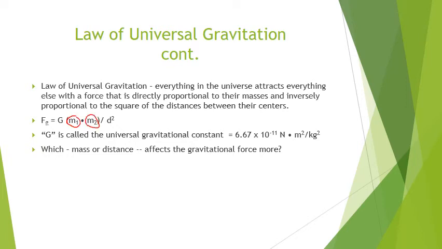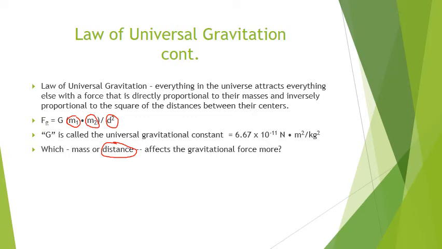It depends only on the masses of the respective objects as well as the distance between those two objects. Now, which one is the bigger factor? Well, it turns out the distance is, quite clearly. And you're going to see this when you do a little algebra in a couple of slides. The distance factor is squared, and that becomes a much bigger player then. But one thing you should be able to tell, even before playing around with the math, is that because the distance is in the denominator, increasing the distance decreases the force.